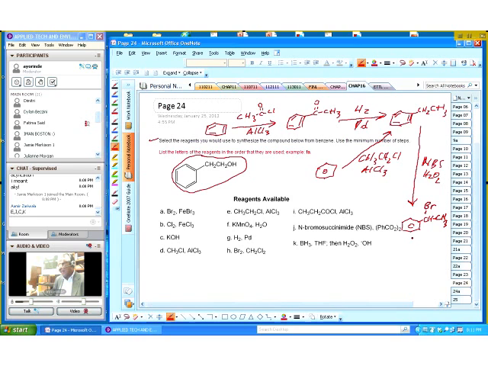And once you get that bromine there, keep in mind that the NBS will replace a benzylic hydrogen. This is a benzylic hydrogen. This reagent will replace a benzylic hydrogen with a bromine atom, and that is what we have done here. So now, if we take potassium hydroxide, we could do dehydrohalogenation.